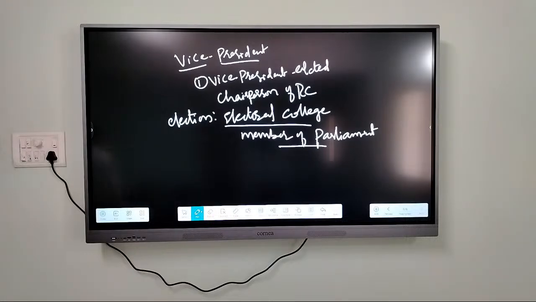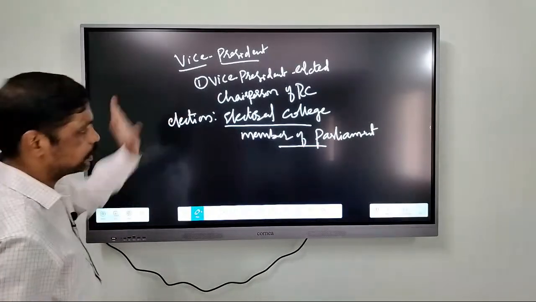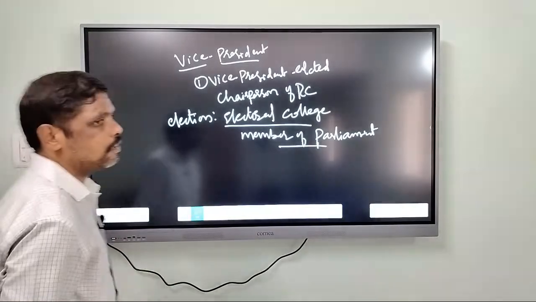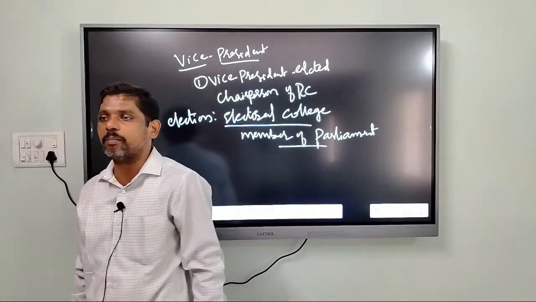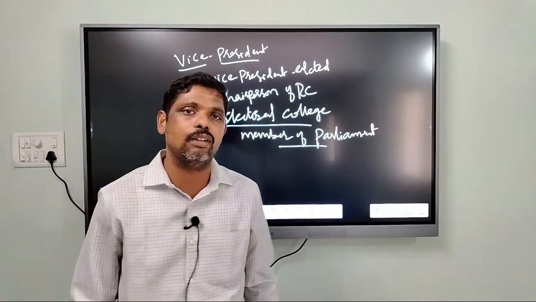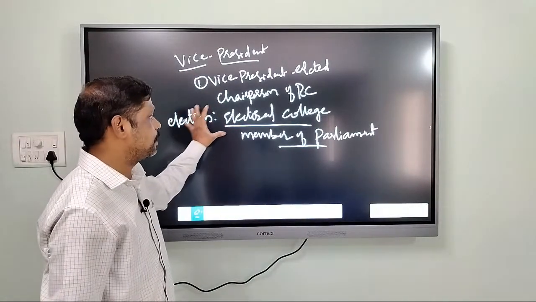In the case of the Vice President, they will take part in the election. So mind this change between the composition of the Electoral College for President and Vice President. The same principle of proportional representation by single transferable vote applies. So this is the principle of election.